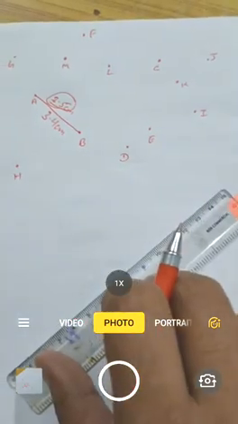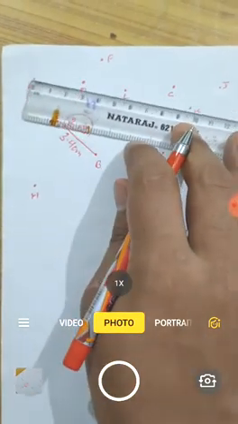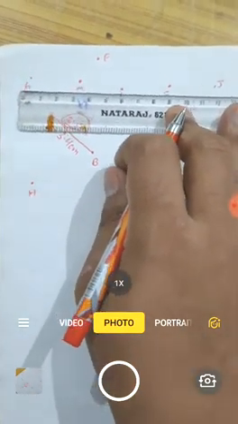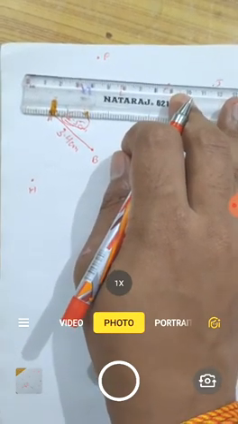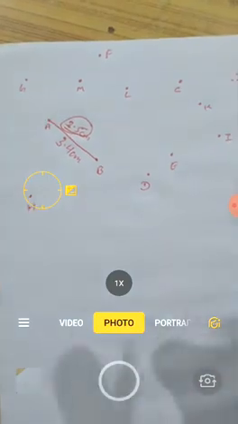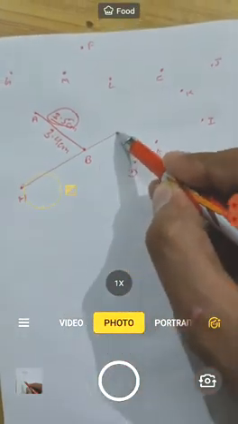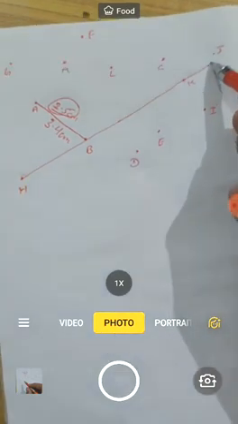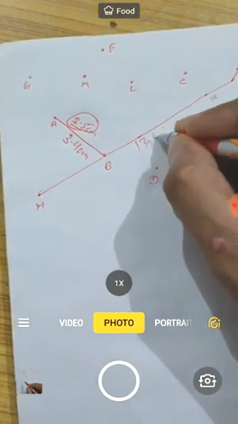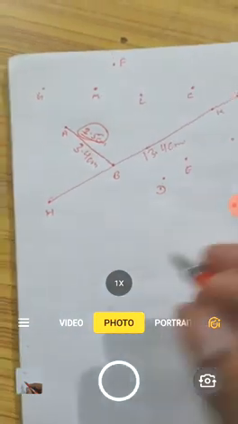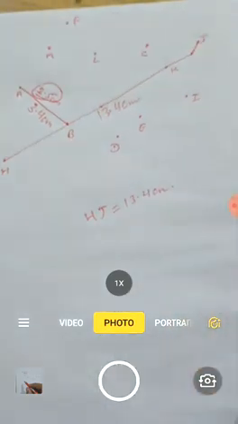And any other points which might be farther? Let's see here. This is also far, but less than HJ. So this is the farthest pair. What is the distance? It is 13.4 centimeters. So your answer will be HJ, that is 13.4 centimeters. Is it clear?